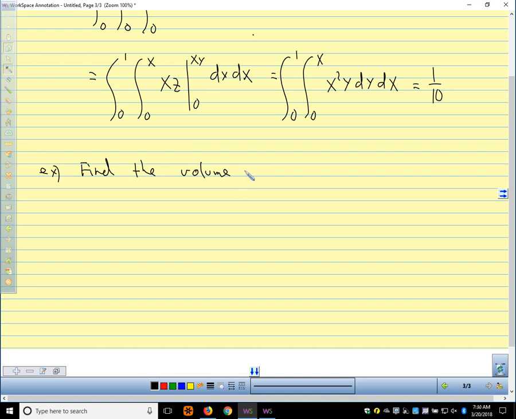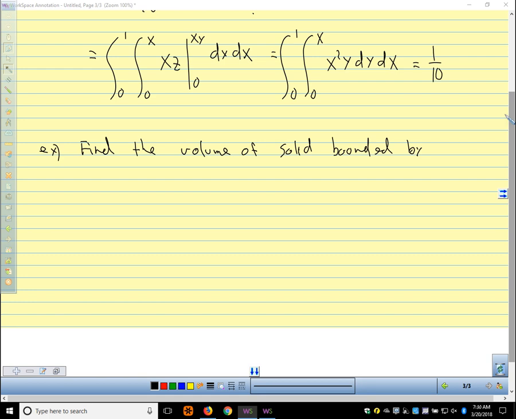Find the volume of the solid bounded by, the other nice thing about triple integrals is it gives us a nice reason to draw interesting solids. Bounded by z equals 9 minus x squared, z equals 0, y equals 0, and y equals 2x.